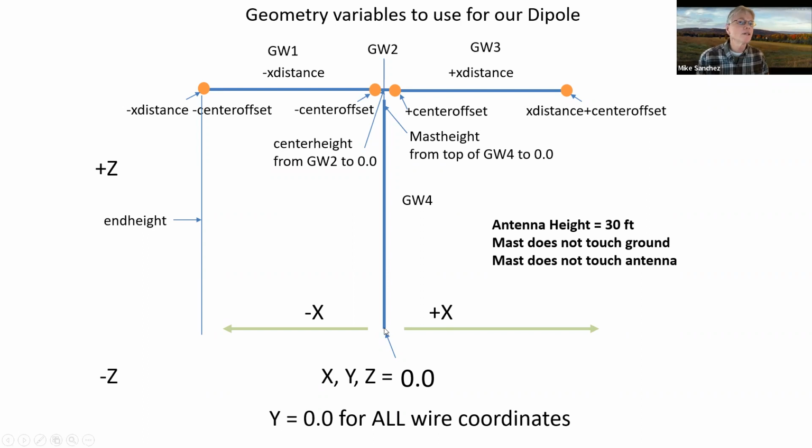But you can stick it in the ground. It's not going to affect anything here because these are orthogonal elements. You can stick it in here and the model will run. In this case, it won't matter if it's up off the ground or not, because it's not part of the antenna, and because the actual antenna is orthogonal to it. Right.